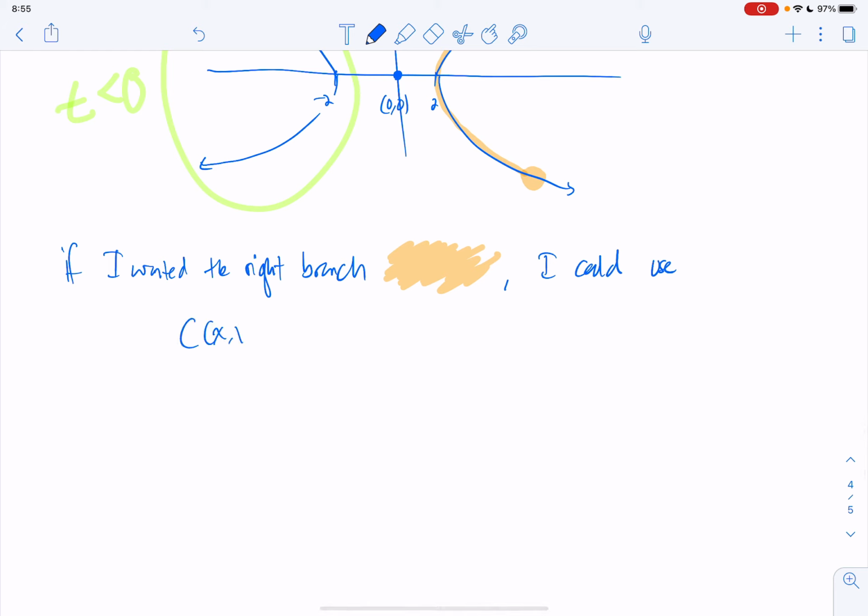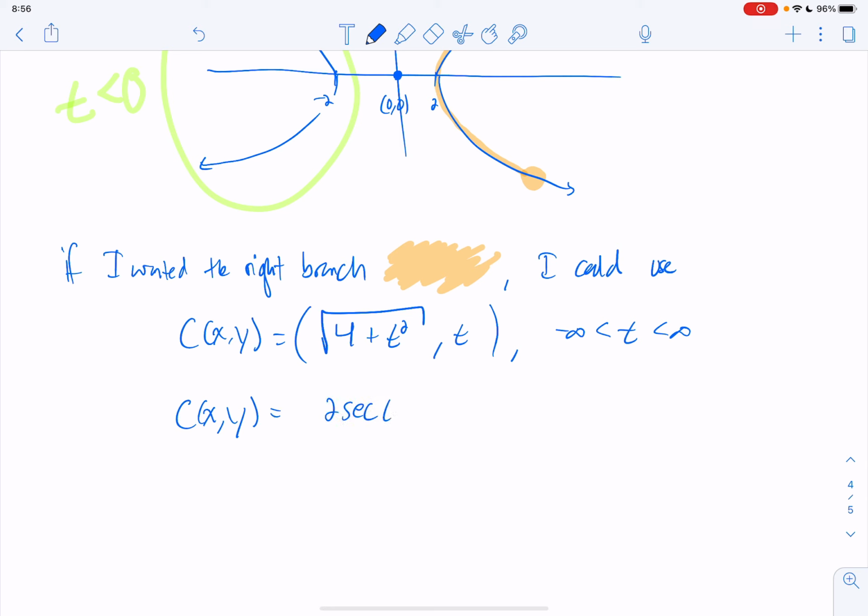We could go with c of t equal to the square root of 4 plus t squared, and t, for t between -infinity and infinity. I could have used c of t equal to 2 secant of t, 2 tan of t, where here t is explicitly between pi over 2 and -pi over 2.